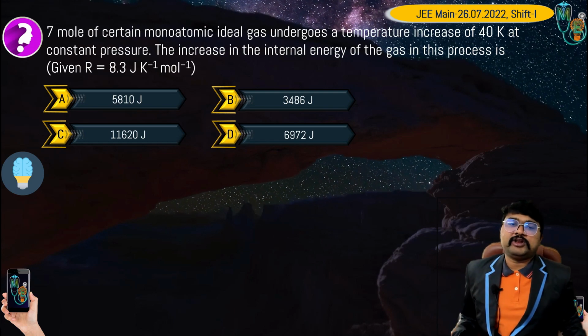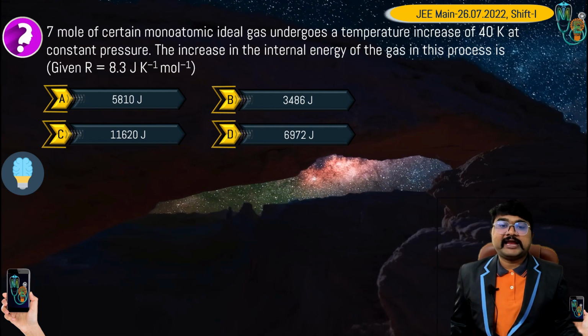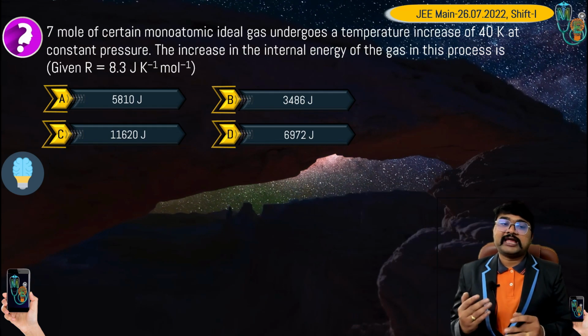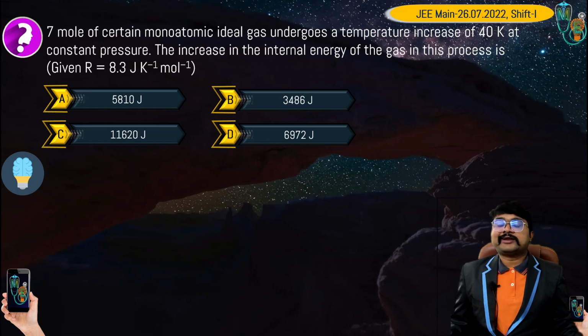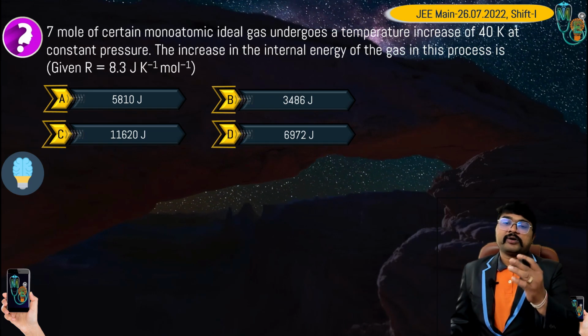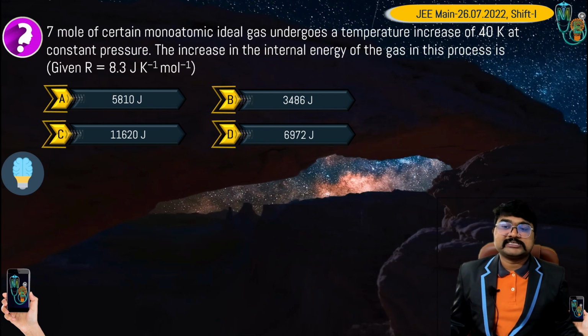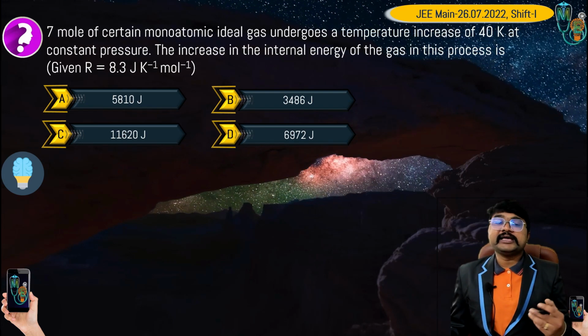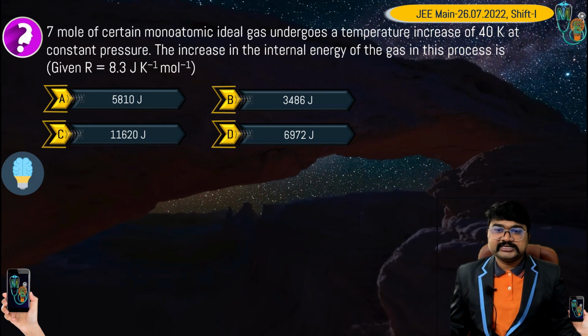Read the question carefully. 7 moles of a certain monoatomic ideal gas undergoes a temperature increase of 40 Kelvin at constant pressure. The increase in internal energy of the gas in this process is asked, and the universal gas constant is given.